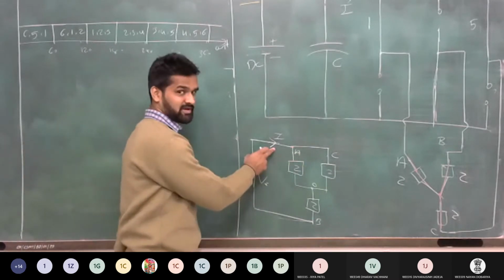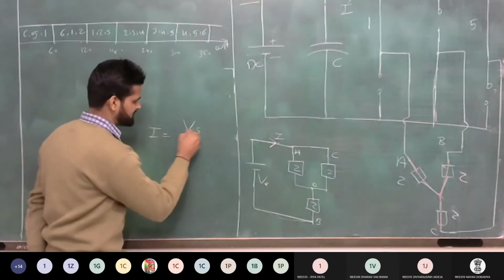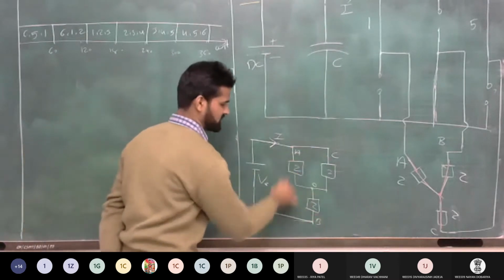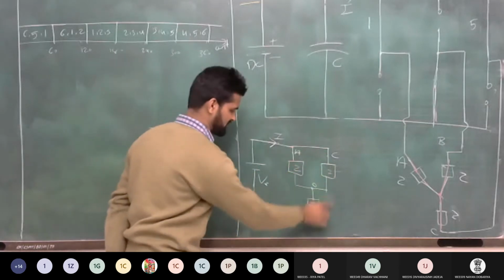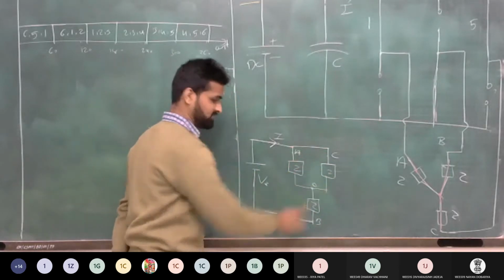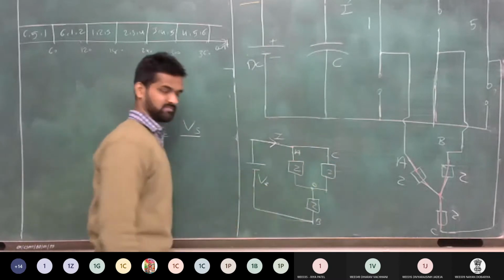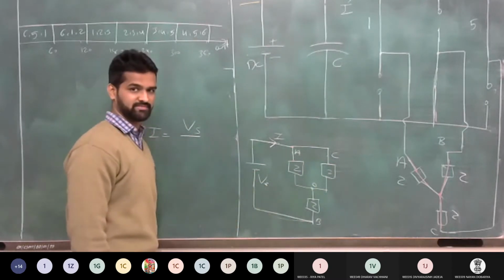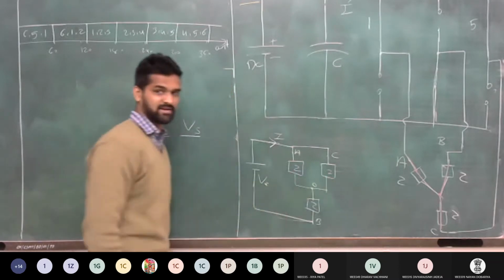What is the value of total current I? I is equal to what? Supply voltage Vs divided by your whole circuit impedance. So what is the equivalent impedance of this star connected load? For this diagram, you can see that both the Z are connected in parallel.